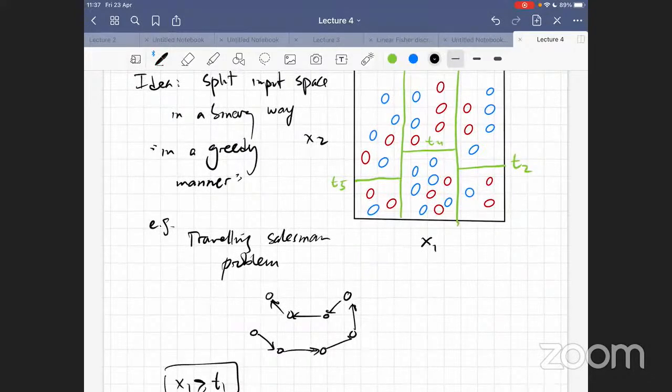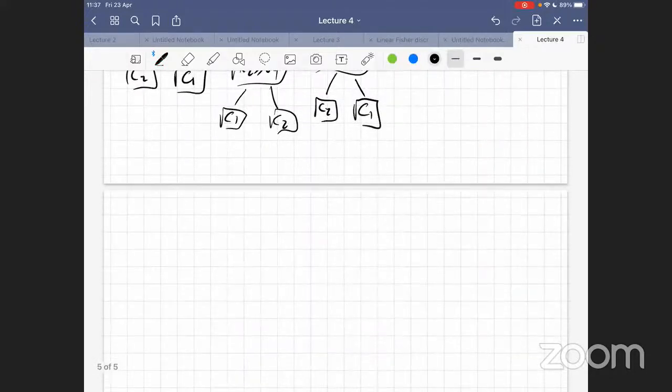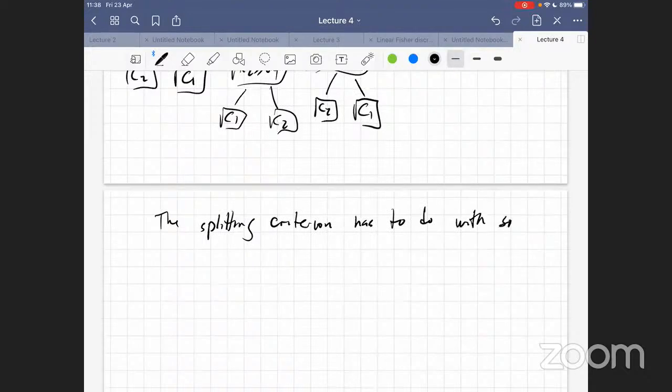So what is the criterion for making the splits? They all have to do with some notion of impurity. Let's say the splitting criterion has to do with some measure of impurity.